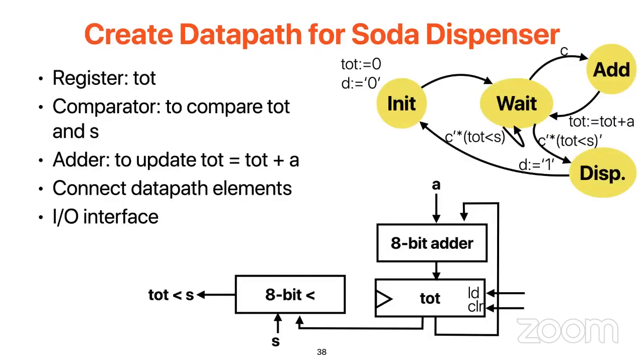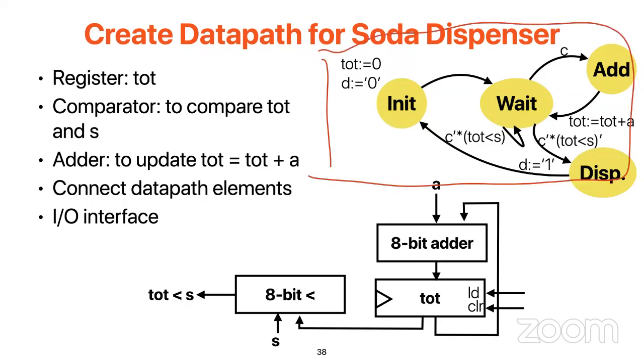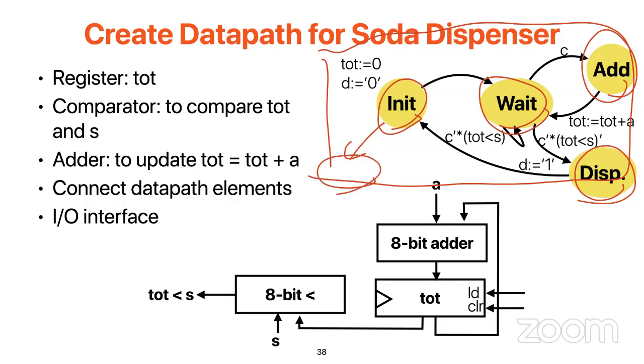So let's say I am creating data paths for a soda dispenser. For this soda dispenser, this is the high-level state machine we have. And we know I have 4 different states, so I need a register, or say some kind of flip-flop, to maintain these 4 states. This part is covered by the state machine.